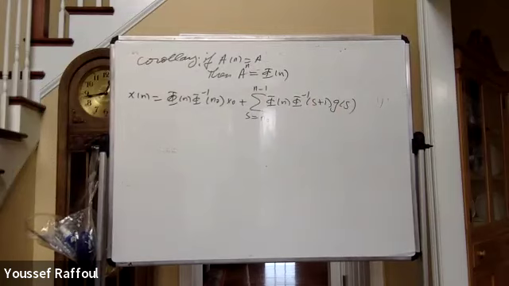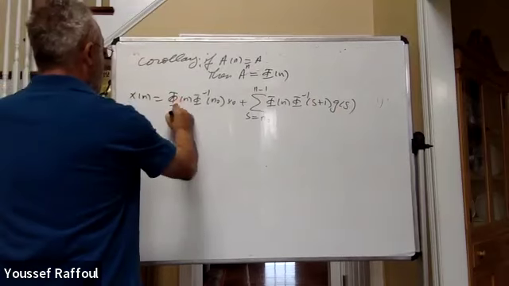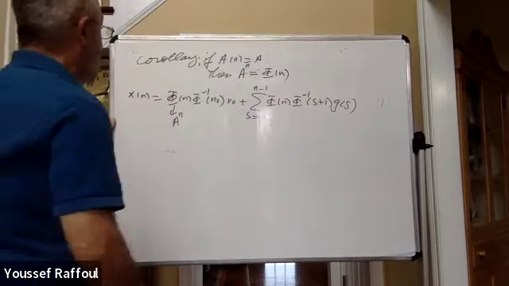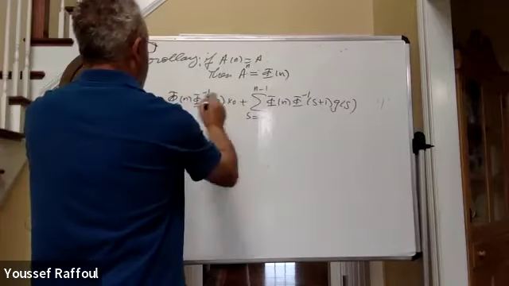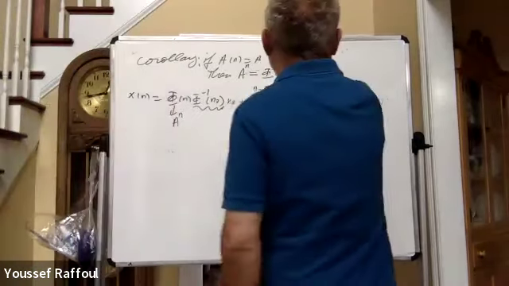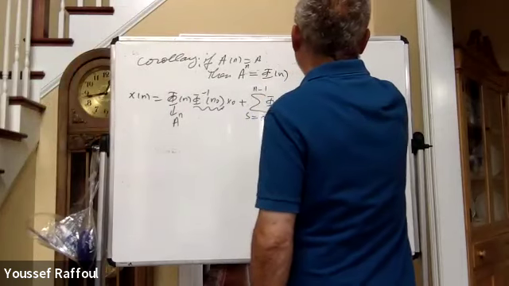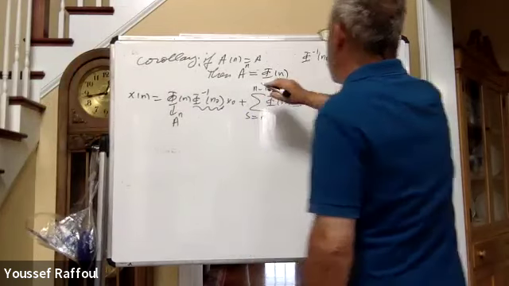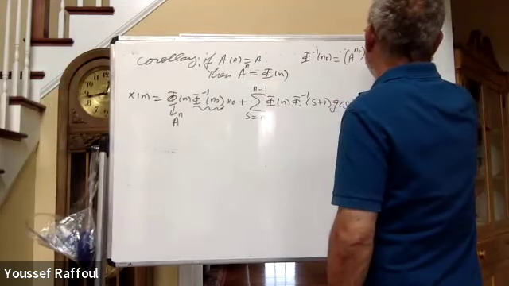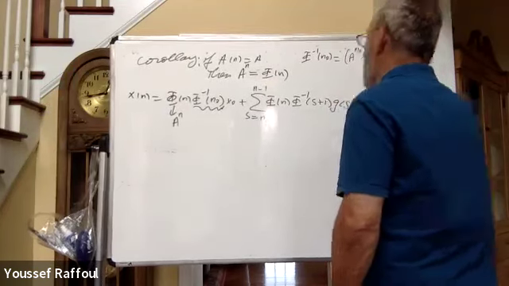So this one is A^n. Now this one, Φ^{-1}(n0) equals (A^{n0})^{-1}, that is A^{-n0}.